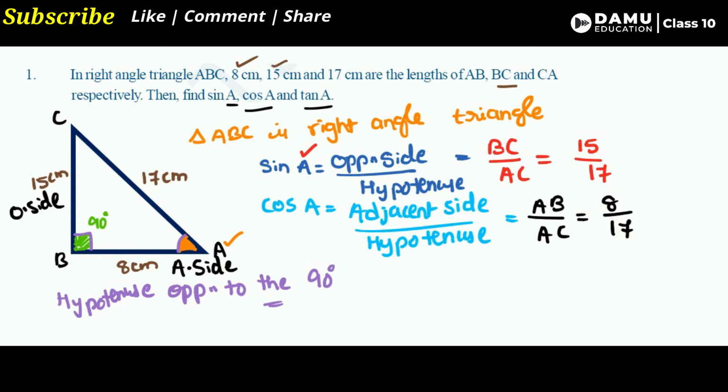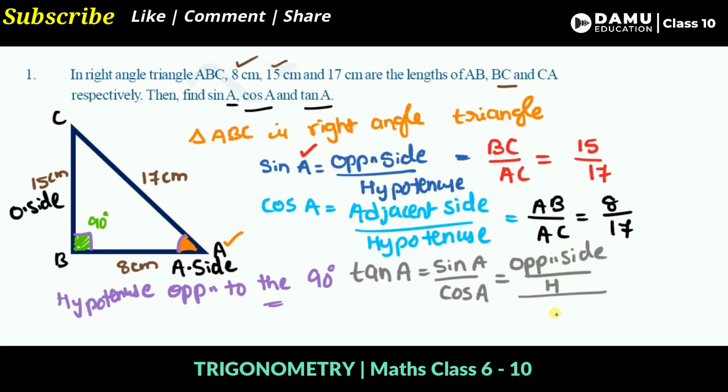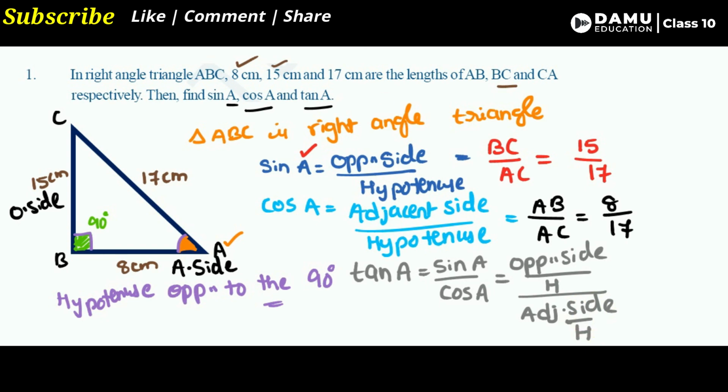Then another value is tangent A. Tan A is equal to sine A by cos A. So that is opposite side by hypotenuse, divided by adjacent side by hypotenuse, where the hypotenuse will cancel.